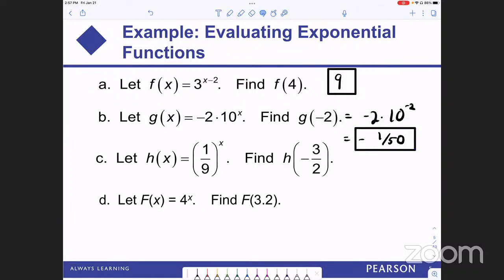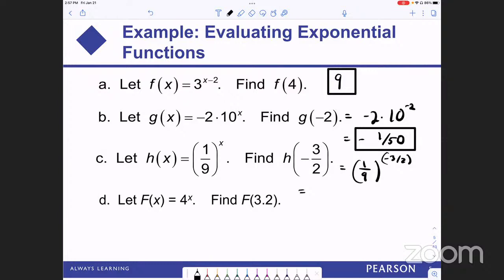So when x is negative 3/2, let's write this one out. This is going to be equal to 1 over 9 to the power of negative 3 over 2. A rational exponent is the same as a radical, like a square root.